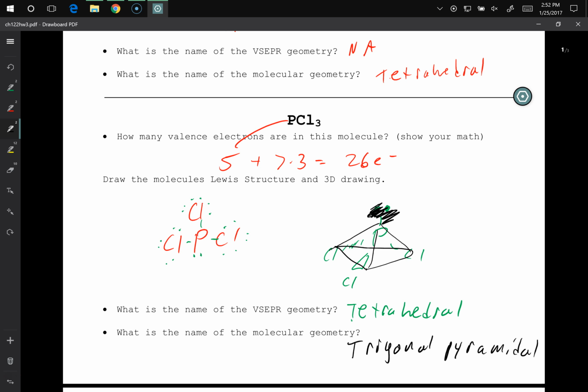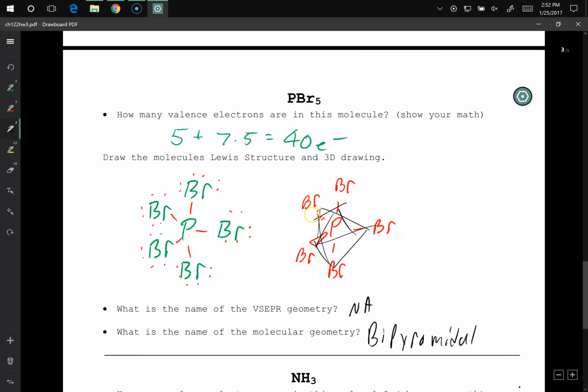Same column. How many bonds is the chlorine making? And the hydrogen? They're both making 1. So they're going to have a similar structure. You can guesstimate pretty quickly what the structure is going to be if you already have a structure figured out. If I know that the central atom is making X number of bonds, and it's the same number as another molecule I've made, and everything around it is doing X number of bonds and those numbers are the same. So because that PCl3 and that NH3 both have a central atom making 3 bonds and the exterior atoms making 1 bond, they're going to have the same geometry. Okay. Ready.